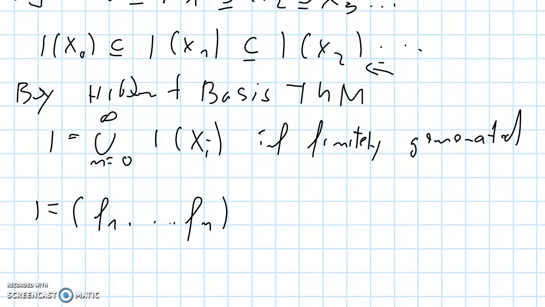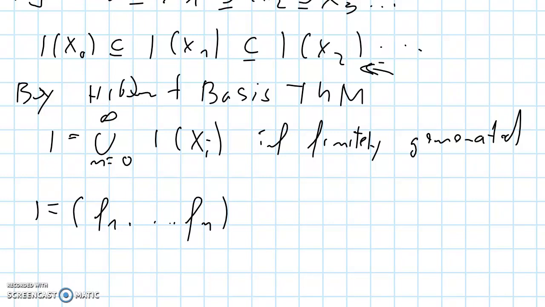And of course, all these polynomials have to lie in one of the ideals. And since this is an increasing sequence of ideals, all these polynomials have to lie in the same ideal.